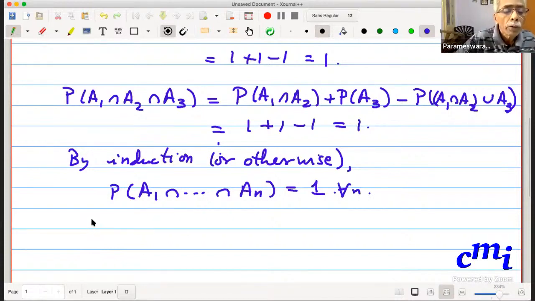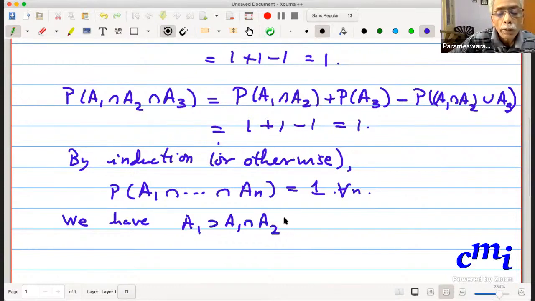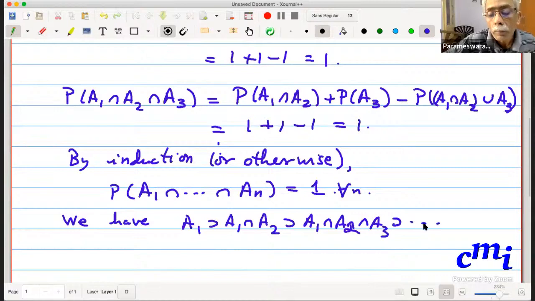And now you see, we have a nested family: A1 contains A1 intersection A2, contains A1 intersection A2 intersection A3, and so on.